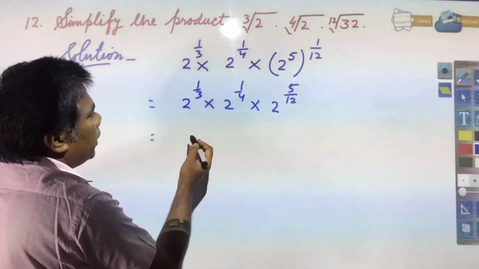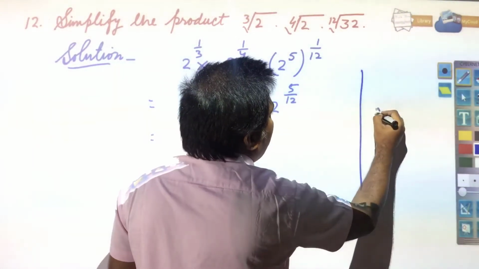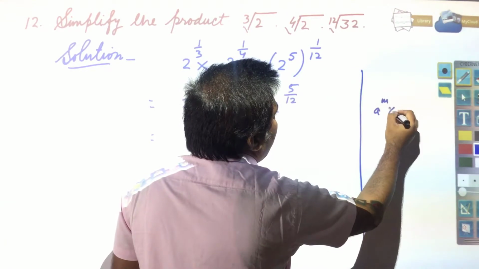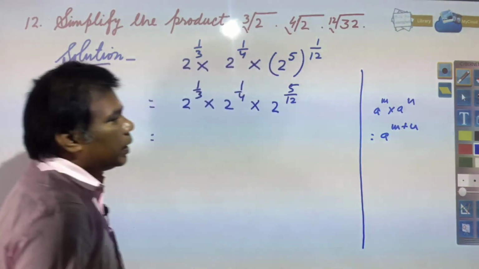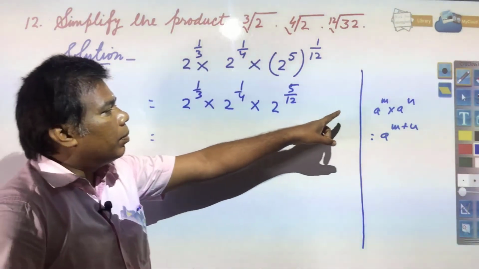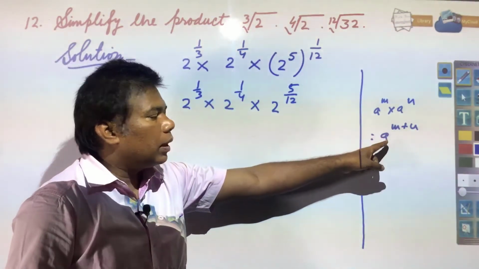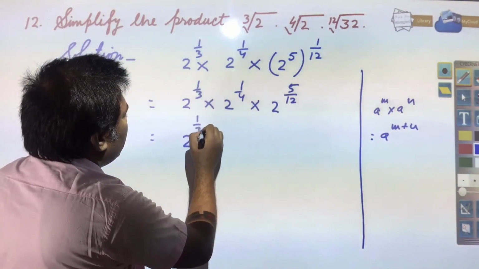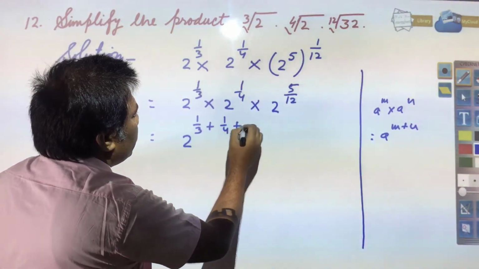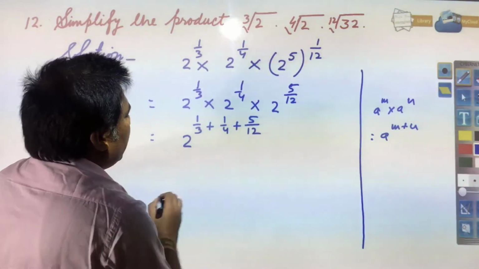Here a to the power m into a to the power n is equal to a to the power m plus n. If multiplication is there and the base is the same, the powers are required to be added. So 2 to the power 1 by 3 plus 1 by 4 plus 5 by 12.